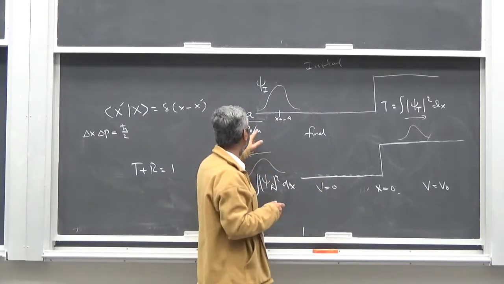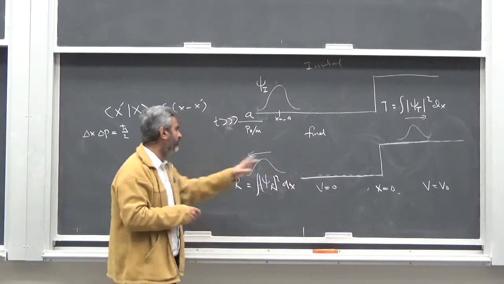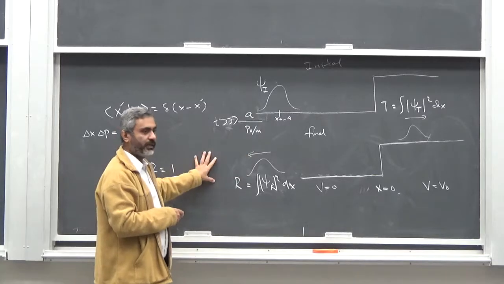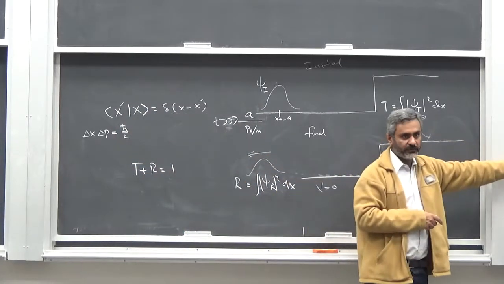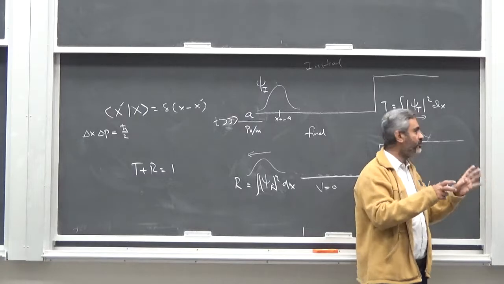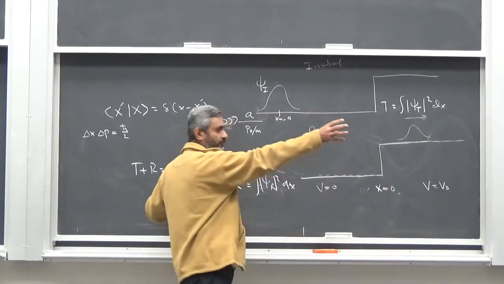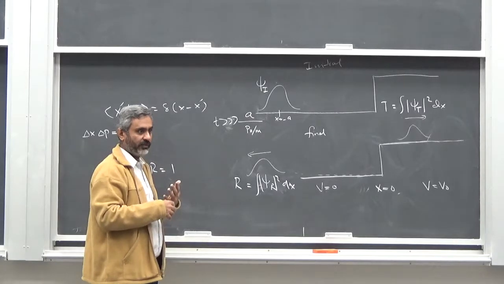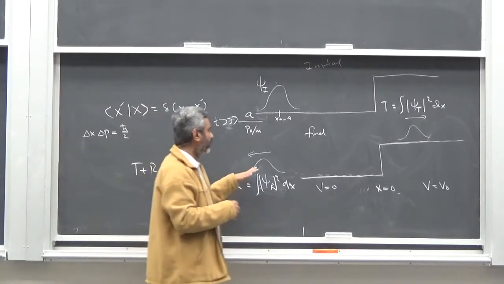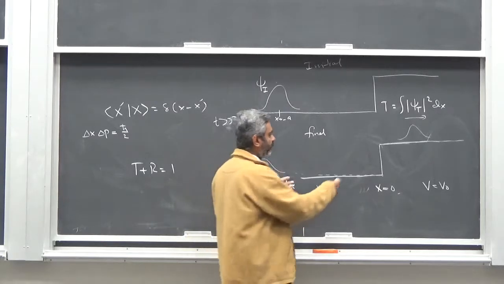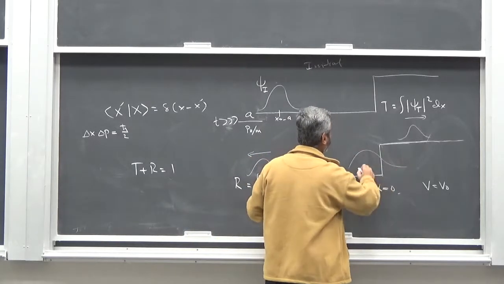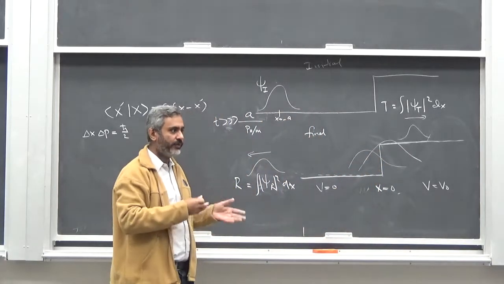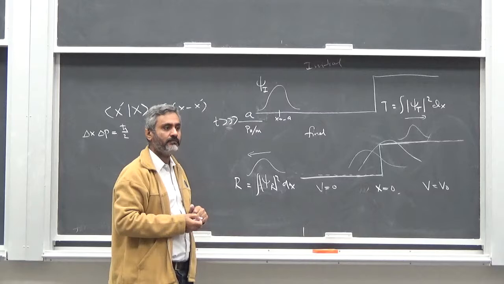Only in this limit do you hope to see something very far away from the step potential on this side, and something very far away from the step potential on that side. And now, since these two have completely gone their ways, you know what the reflected part is and what the transmitted part is. These are going to be Gaussians as well, and if you're close by, one will look like this and the other will look like this, and they will have large overlap, and you won't be able to identify them cleanly.